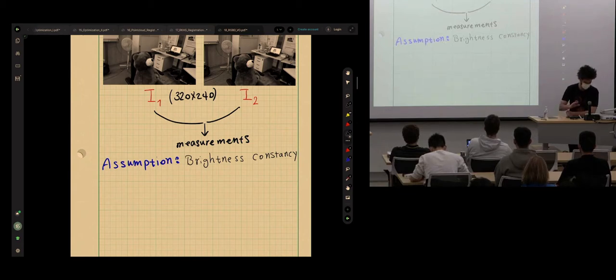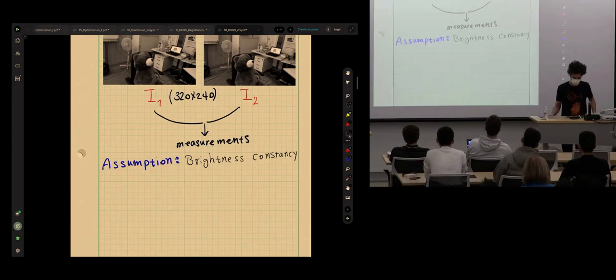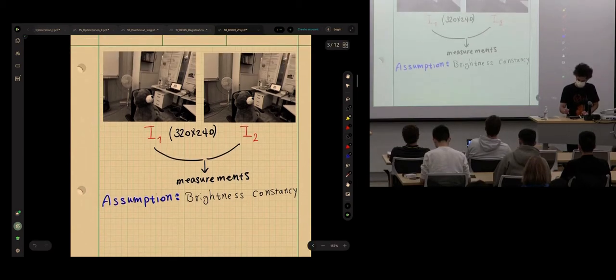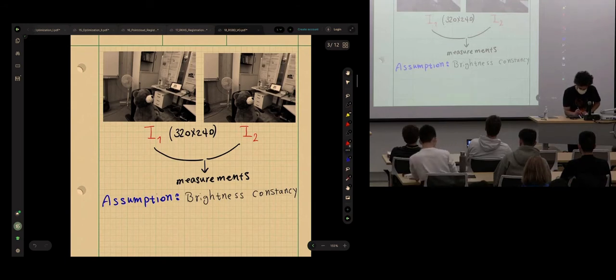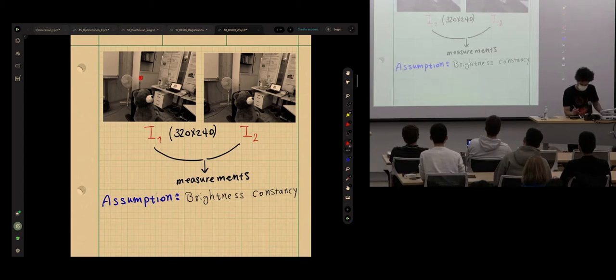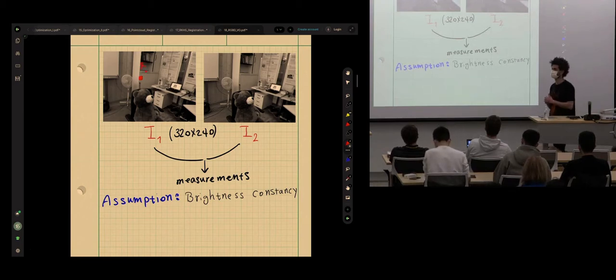Okay, so assuming this is true, by the way, how can I read the pixel value when I know the pixel coordinates? Imagine I have this pixel here. What is its intensity? So I have my 3D point.